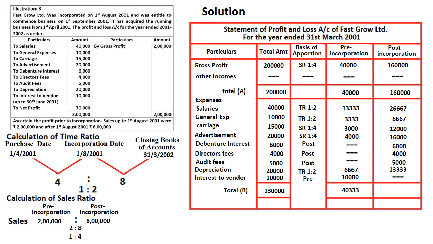So pre-incorporation profit will be transferred to capital reserve, that is called capital profit, whereas post-incorporation profit is transferred to revenue reserve, that is P&L account, as it is called revenue profit, right? So like this we need to do the problem. Pre-incorporation loss is transferred to capital reserve, post-incorporation is transferred to P&L account, that is revenue profit, that I have already explained.